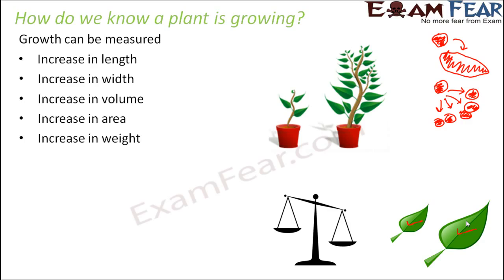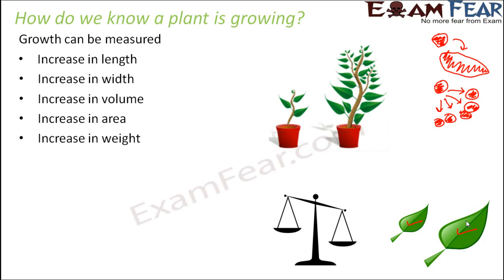Now see, there are so many different ways by which you can say whether a plant is growing or not. Now is it justified if just by looking at one of these parameters you decide that a plant is growing? Let us suppose that a plant is increasing in length. You just gave a statement that this plant is growing, but that is not justified, because there are so many different parameters that get affected when a plant is growing. So if the length is increasing, but when you measure the weight of the plant, you see that the weight has actually reduced.